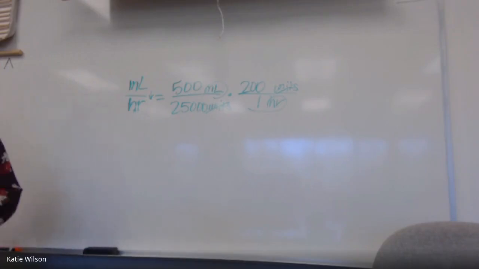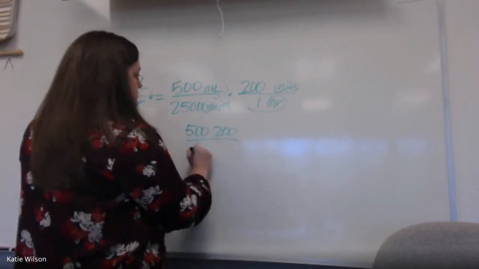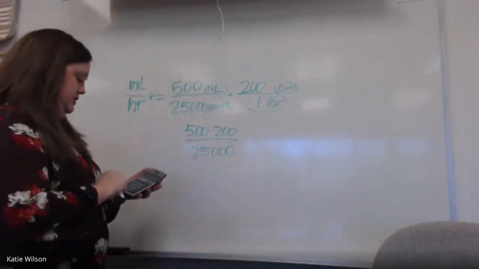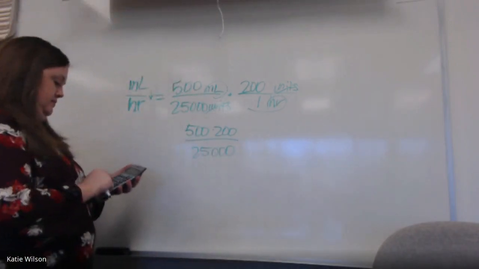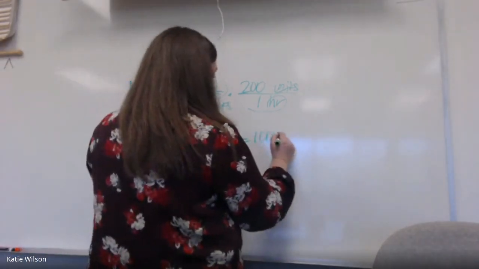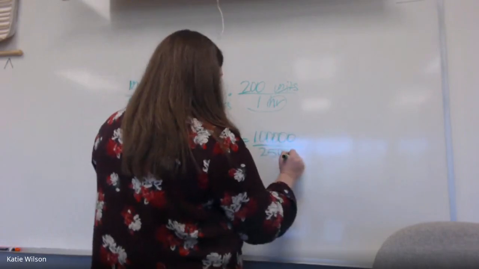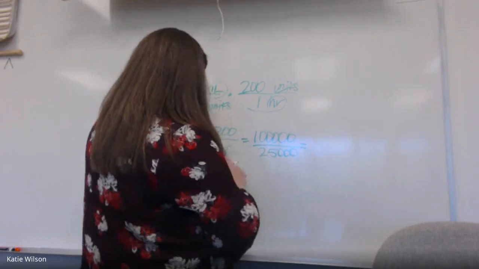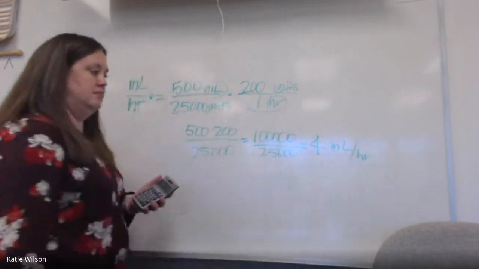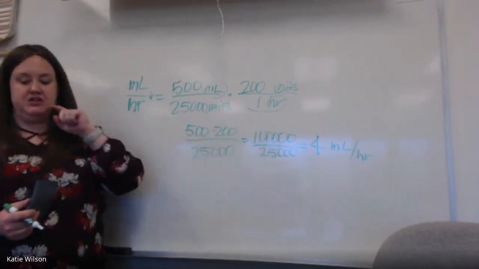So what does that make it? 500 times 200. So I'm going to decrease that rate by 4 milliliters per hour.